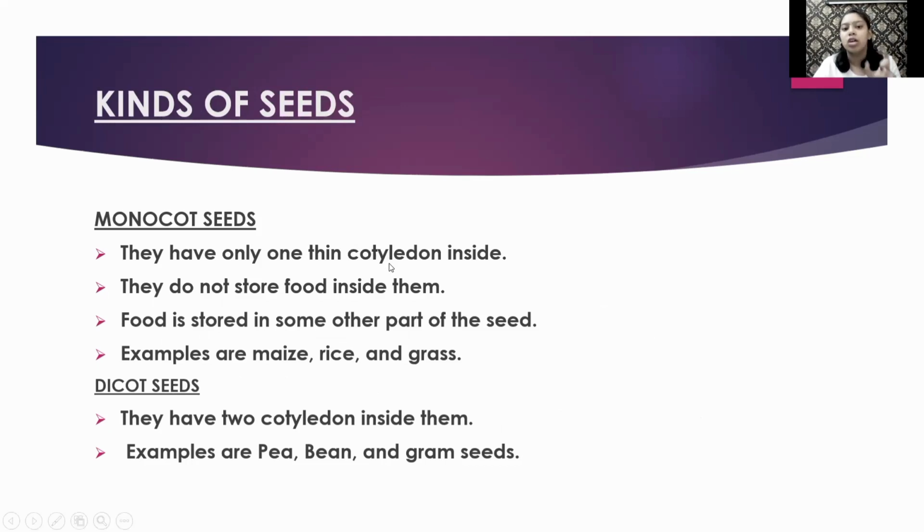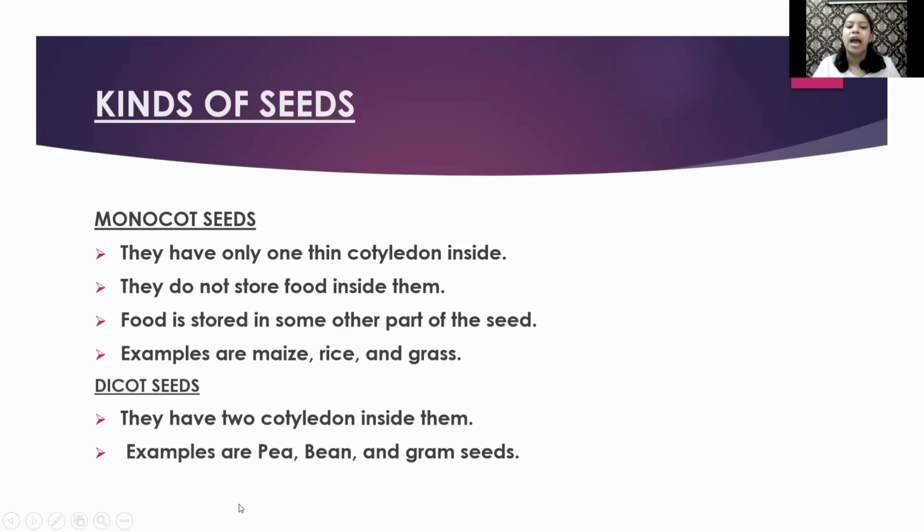Food is stored in some other part of the seed, but it is not stored inside the cotyledon. For example, maize, rice, and grass. These are a few examples of monocot seeds that store the food in some other part of the seed.